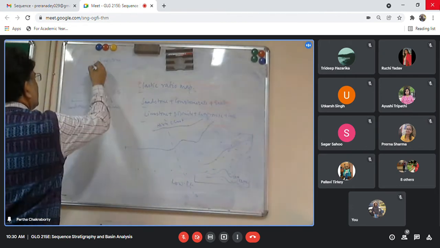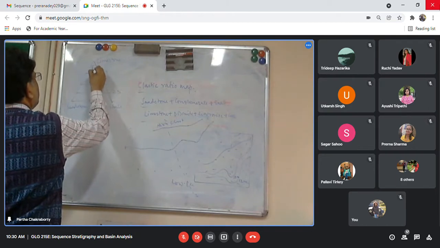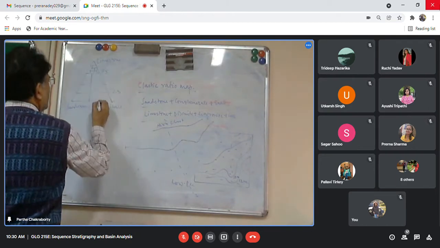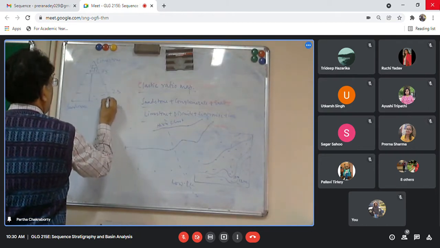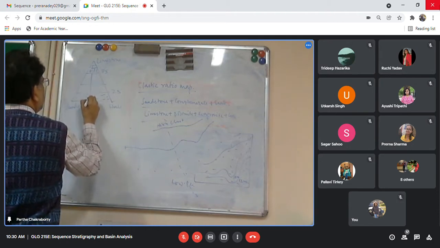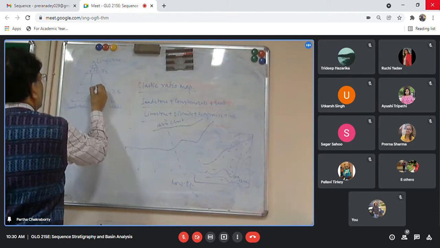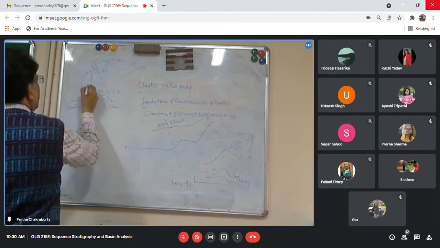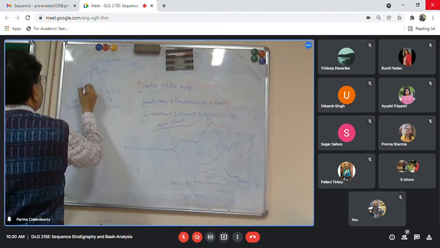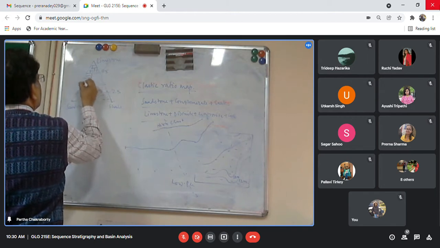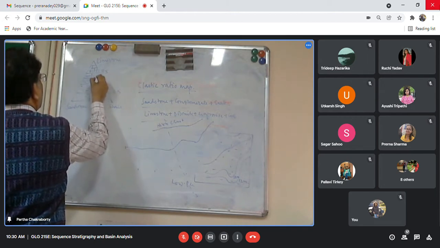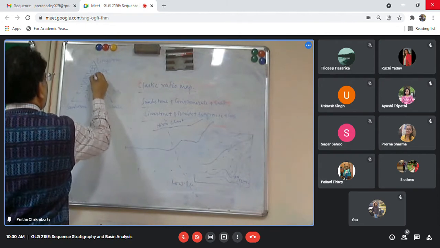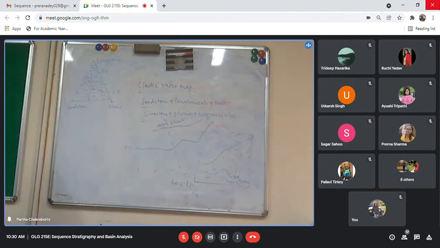Now this corner is totally limestone. This is shale. This is sandstone. This may be sandy shale. This may be shaly sandstone. This is another. You get it? So these are three different end members.